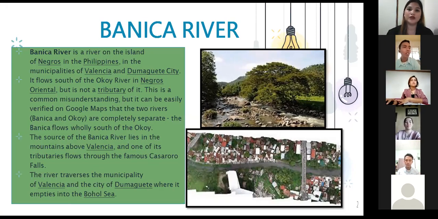One of its main problems is water pollution. This is because people are throwing trash there, illegal dumping. They are throwing garbage directly into the river or stream, and this causes oceanic pollution and leads to the death of marine life. We cannot see any marine life present in the Banica River.